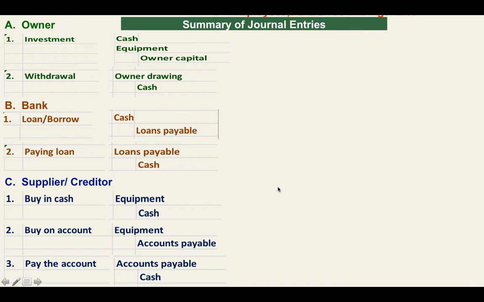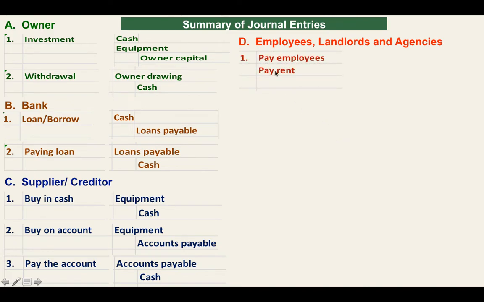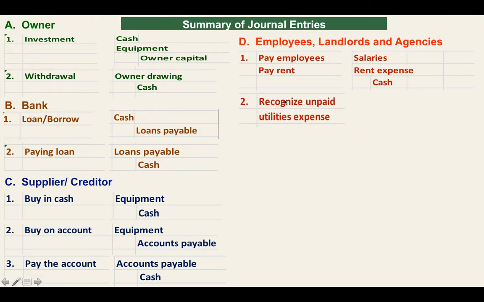Okay, so next we have also discussed transactions with employees, landlords, and agencies. So when we pay the employees or pay the rent, we debit what we are paying: salaries expense, or rent expense, and credit cash. And then if we have already availed the services and we have utilities, normally we have already used it before we receive the bill, and we want to record that we have unpaid utilities expense.